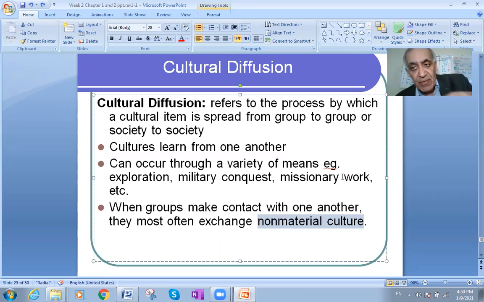Mixing all the people together in one place will help in the transfer of culture from one culture to another.